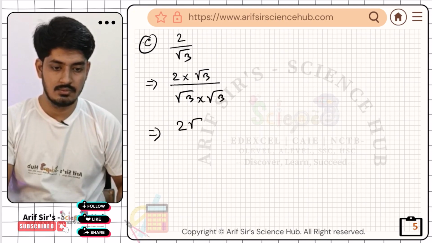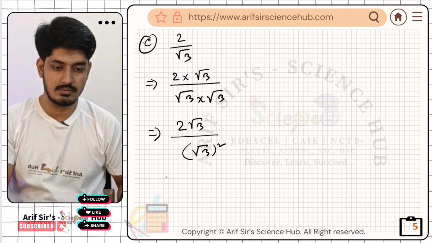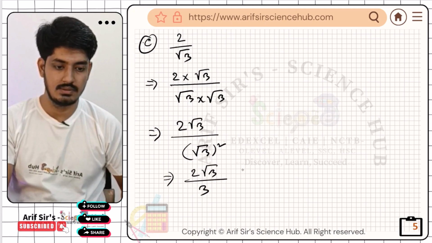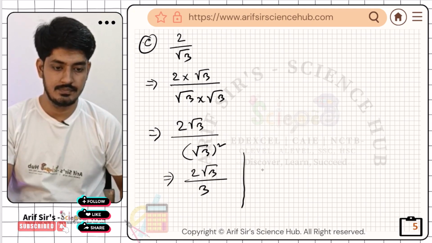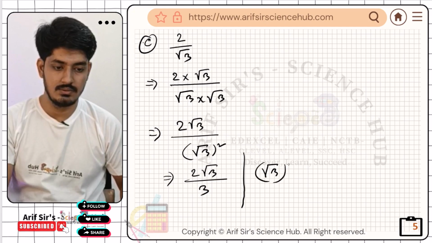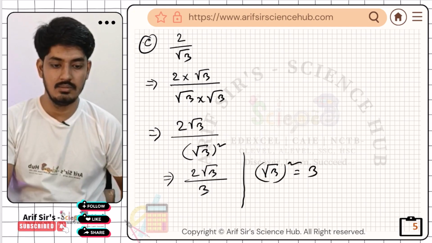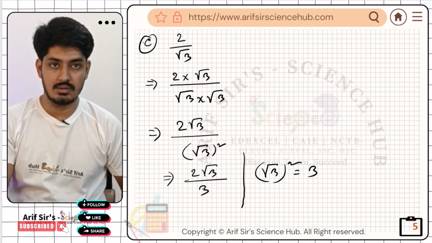Then 2 root 3 divided by root 3 whole squared. Then 2 root 3 divided by 3. Here root 3 whole squared is 3. Now the denominator is rationalized.